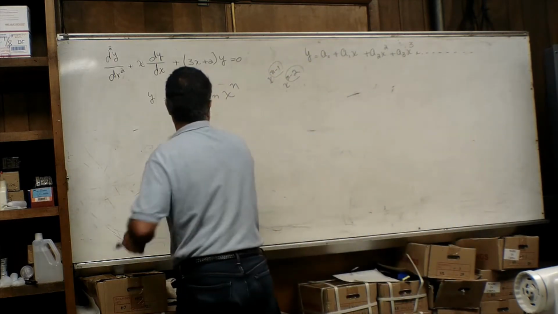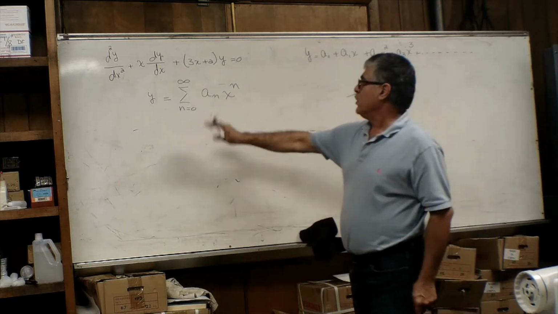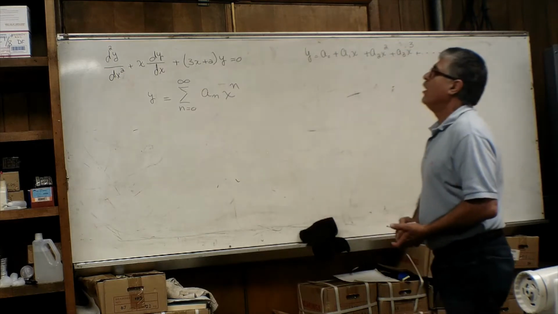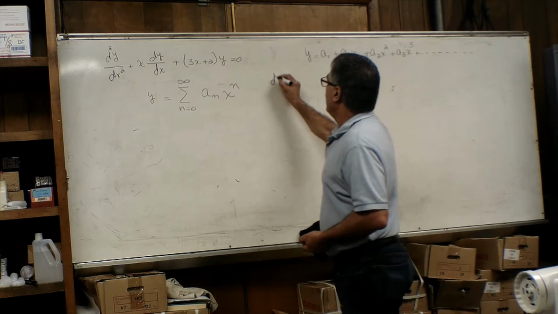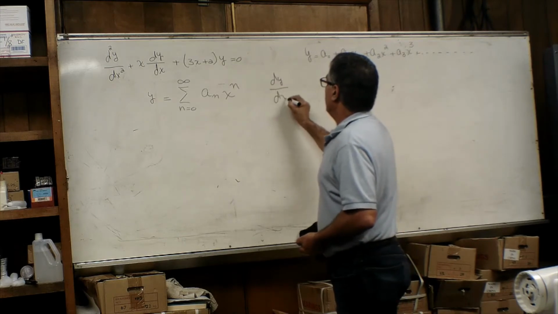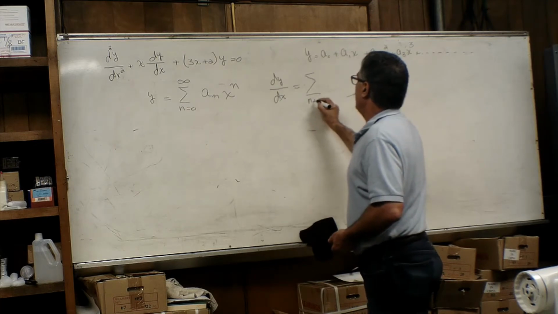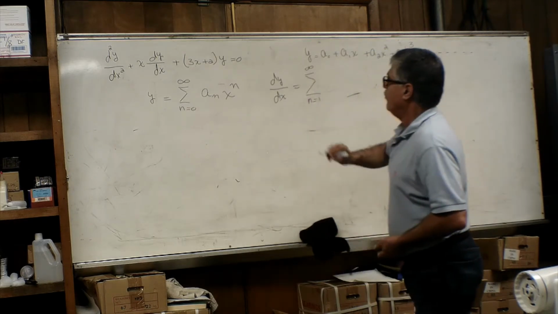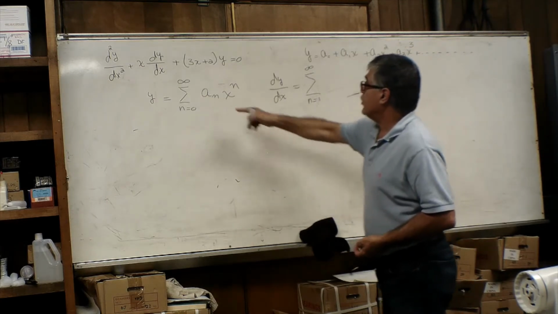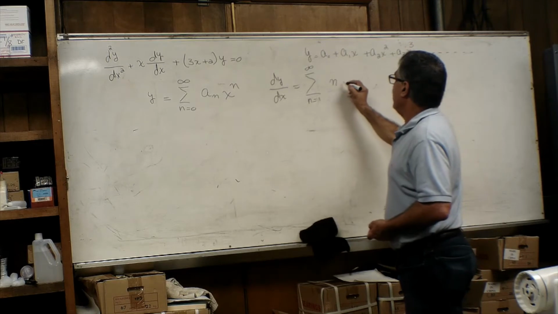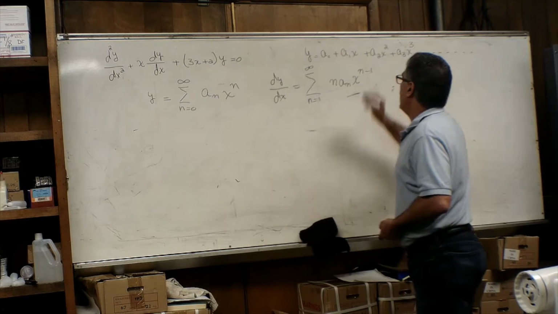We said we have to assume that y is the summation of n from 0 to infinity. So here our dy/dx will be equal to the summation of n from 1 to infinity of, if we differentiate that, n an x to the power n minus 1.